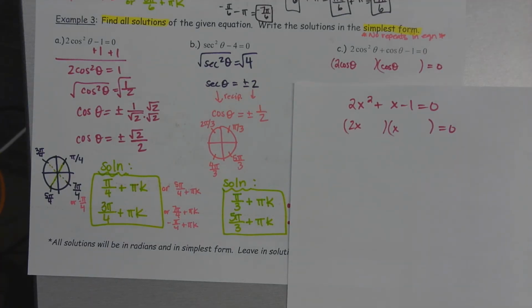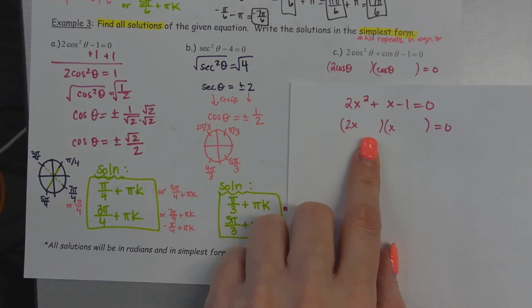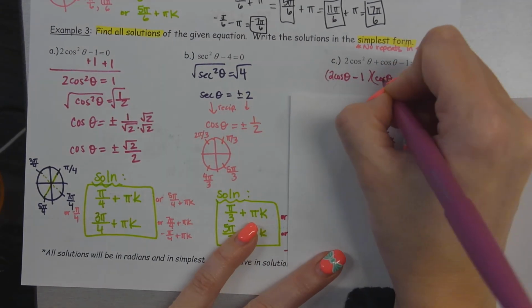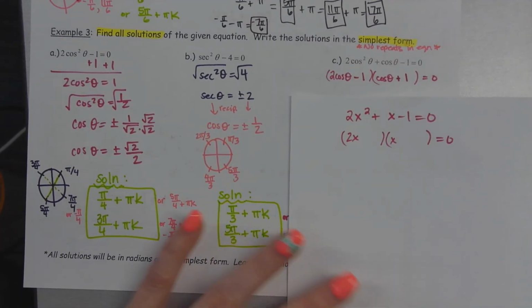It has to multiply to the negative 1, which means we need a positive and a negative, and we want the middle to be positive. So what has to go with the 2x, or the 2 cosine? Negative 1. So you have a negative cosine plus 2 cosines, that would make 1 cosine.